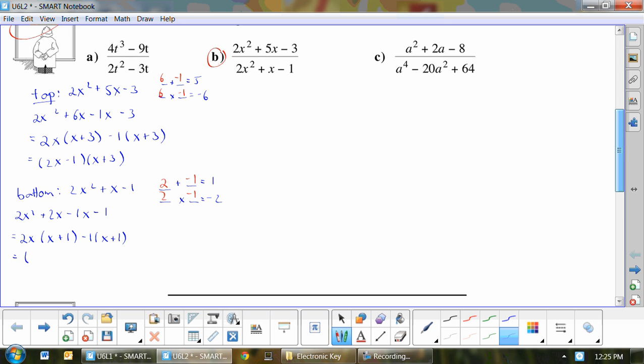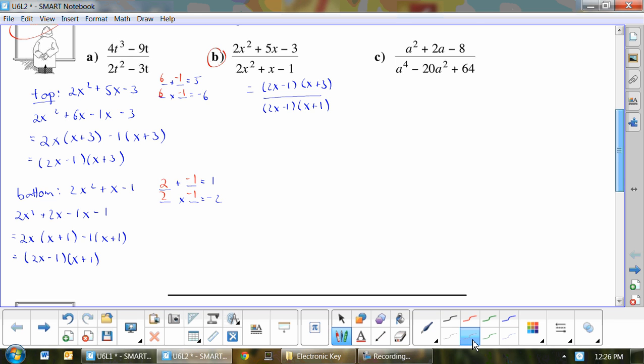So our factors in the denominator are 2x minus 1 and x plus 1. We can rewrite this as 2x minus 1 and x plus 3 over 2x minus 1 and x plus 1.